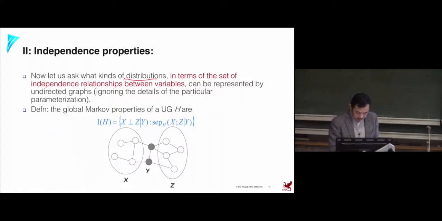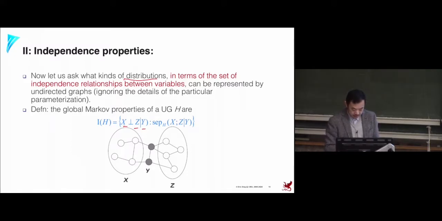So let's begin with the first definition, called the global Markov properties of undirected graphical models, which is like this. I stands for the set of independencies. I of H is basically the set of independencies on the graph H. And this is a set which is defined as the following. It includes all the pairwise independencies given the third party.